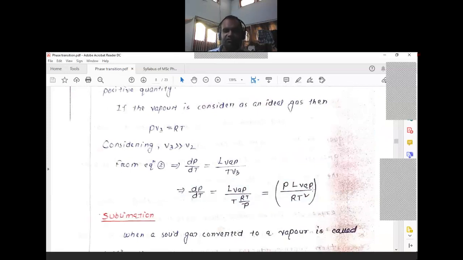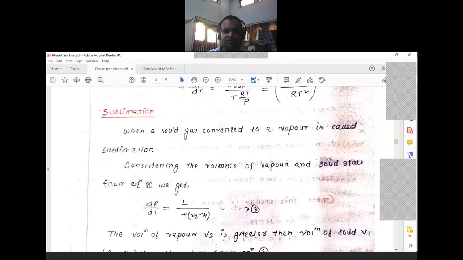Therefore, dp over dt is equal to P L_vap divided by R T squared.